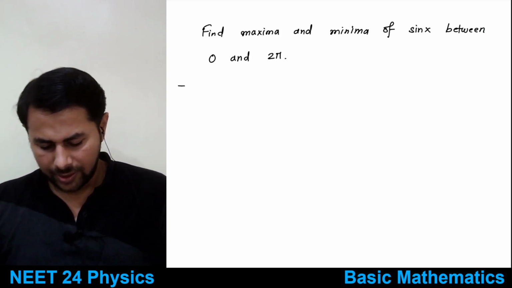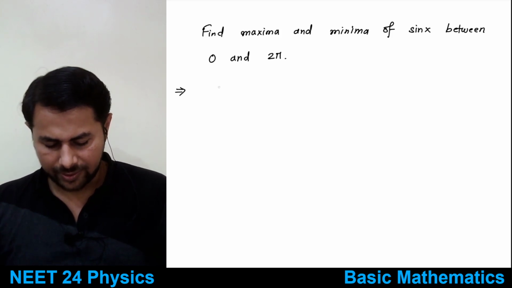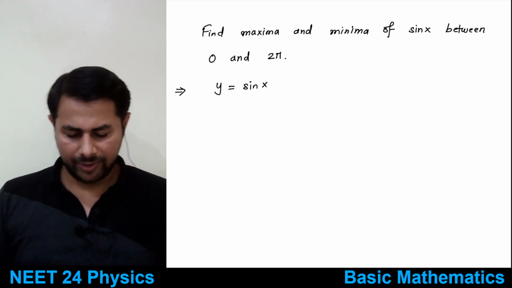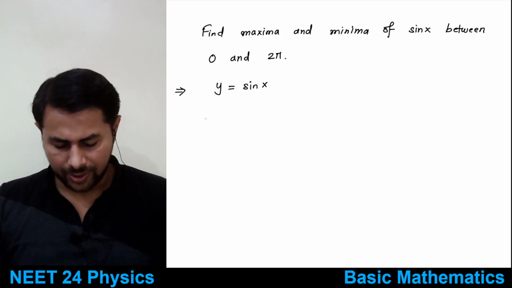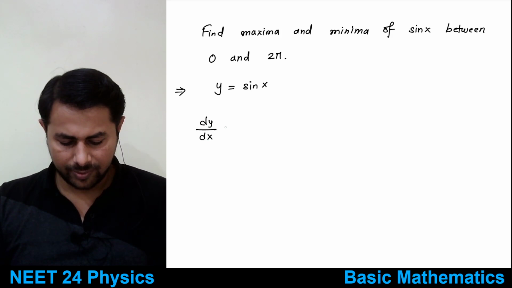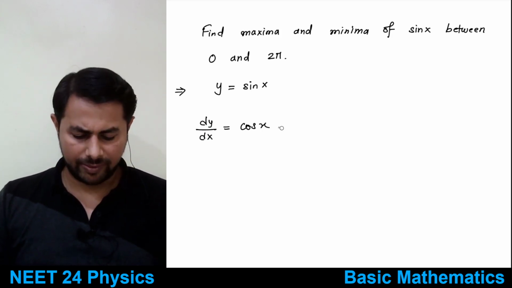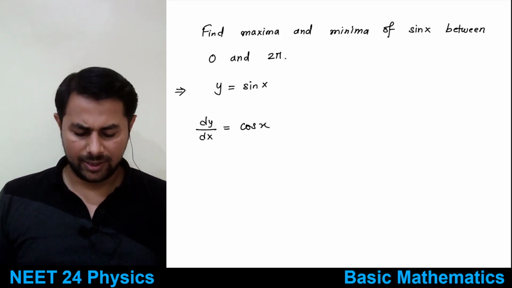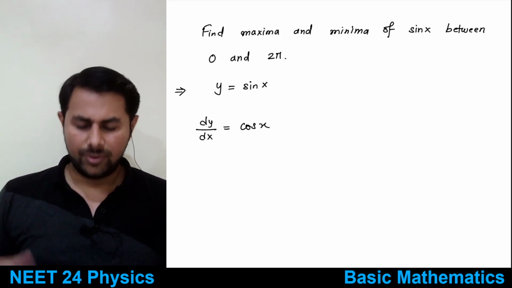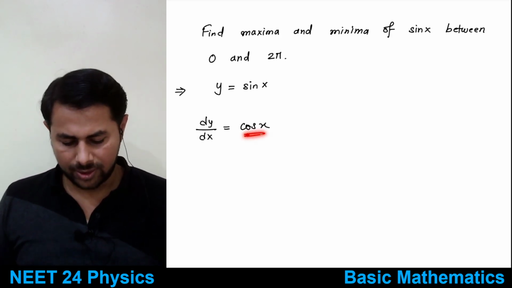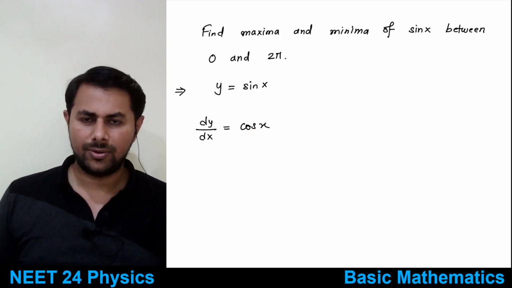So see, your function is y is equal to sin x. If you take its derivative, what will be dy by dx? Dy by dx is cos x, right? And now at maxima and minima, you have this derivative equal to 0.